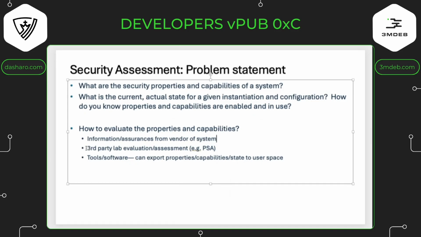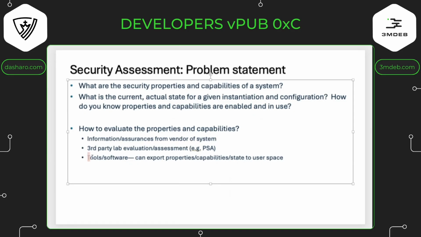There are things like this. There's this one certification organization called PSA, Platform Security Architecture, that ARM backs, that has different levels of certification, but part of it could involve a lab evaluating the key security mechanisms and providing a report and a certification.